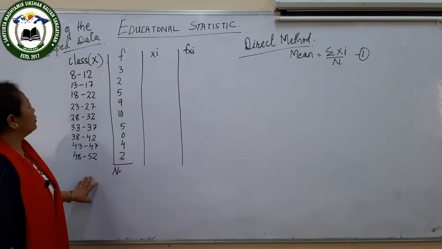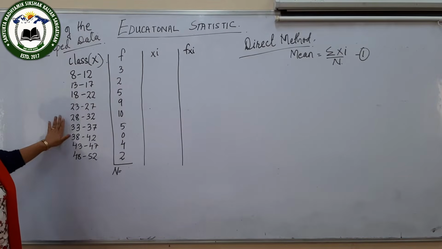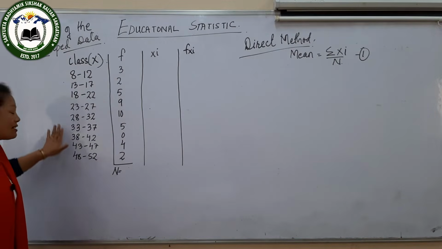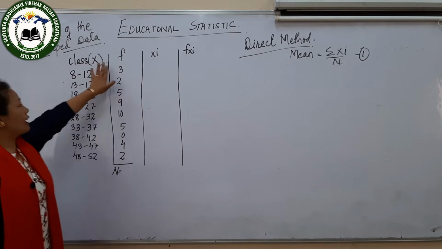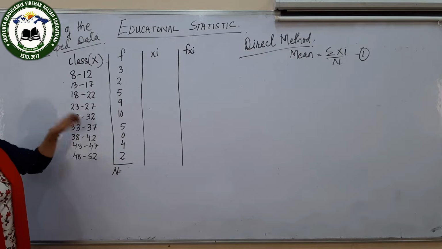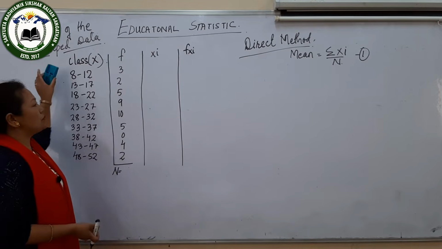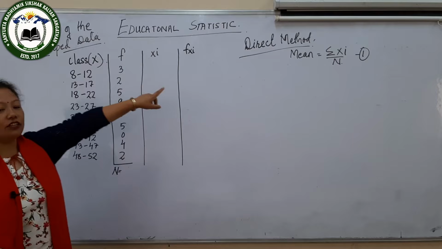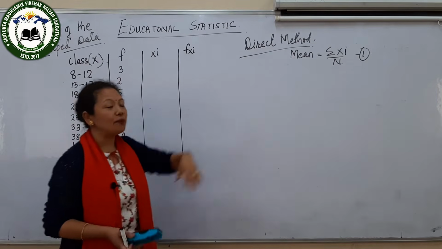Now over here we have the grouped data or class interval, and we have the frequency. Today I'll teach you how to find the mean of grouped data through the first method, the direct method.